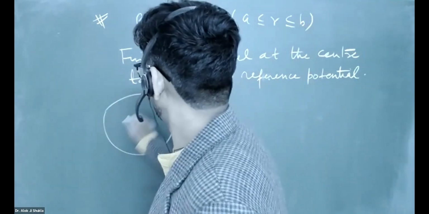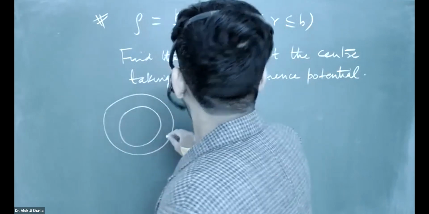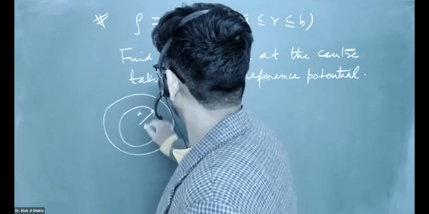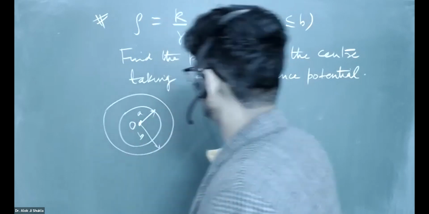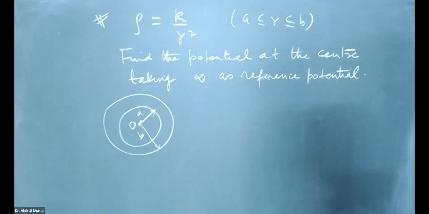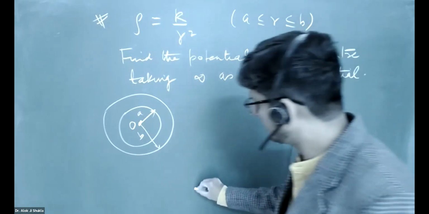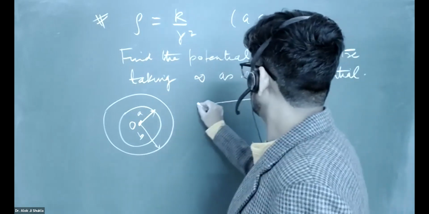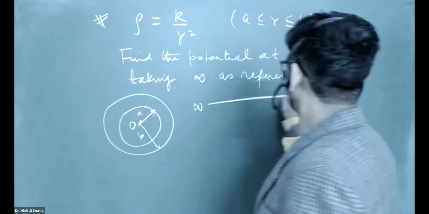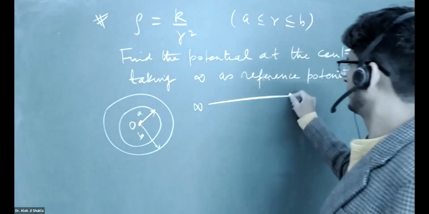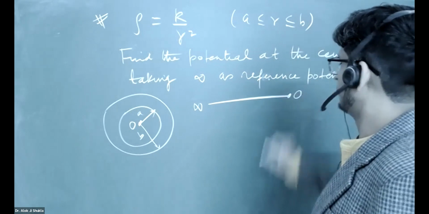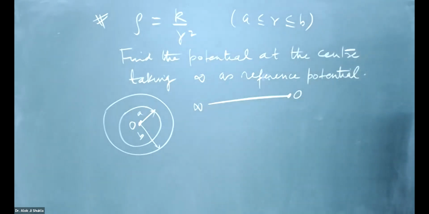So you have a shell, and this radius is A, this is B, this is 0. So you have to come from infinity. अब देखो फिर से, you have to come from infinity to 0.